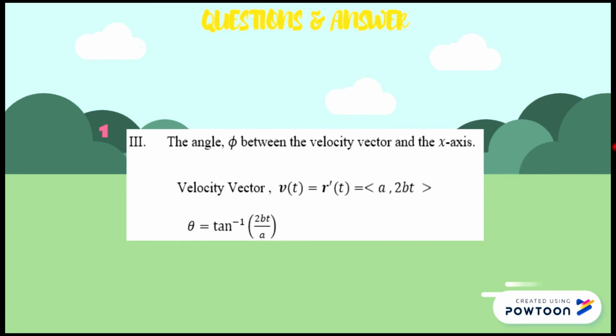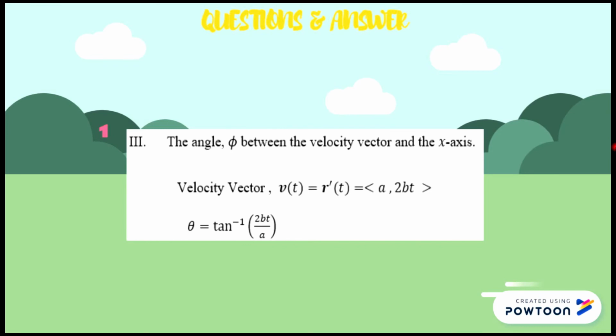because the formula is tangent equal to y over x, but we substitute y equals 2bt and x equals a.